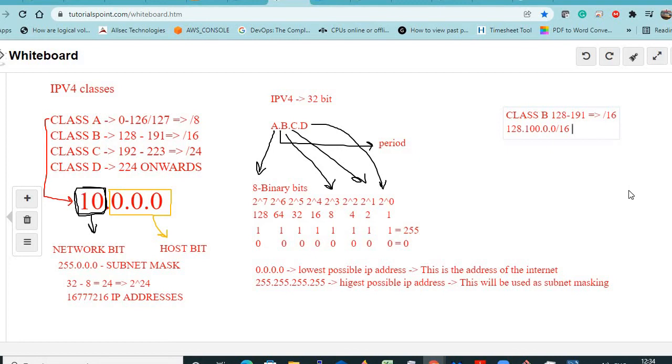As per the rule they made, if you are using class B, these two octets are for network, and these two are for hosts.